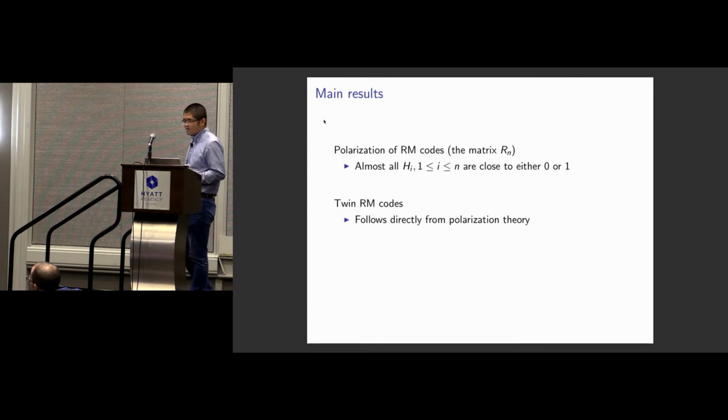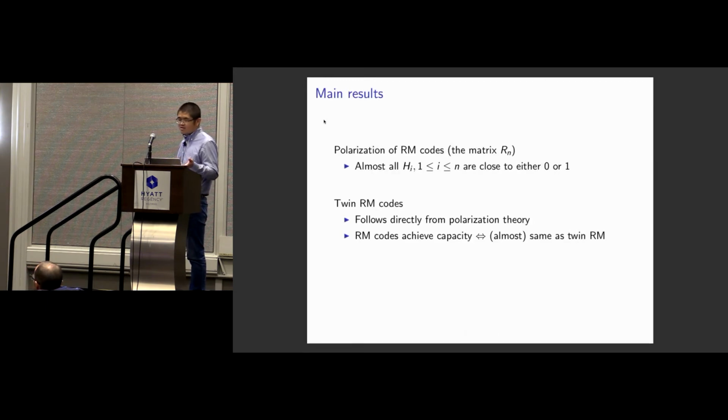And as we said, whenever we have a polarizing matrix, in this case Rn, it automatically gives us a capacity achieving code. All we need to do is to choose all those HIs that are close to 0 for this matrix Rn. And we call such a code the twin Reed-Muller codes.